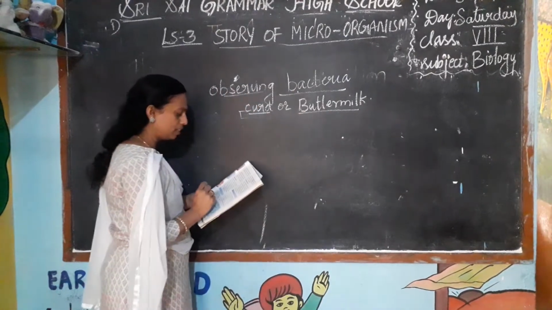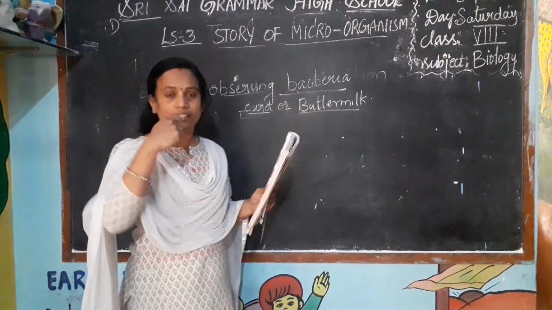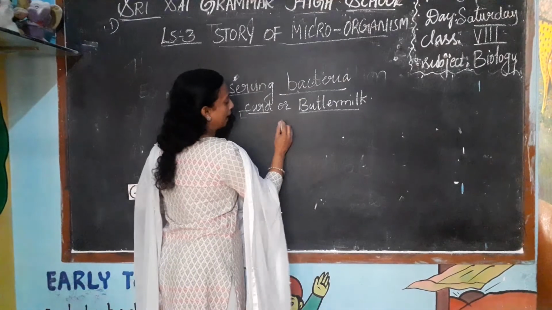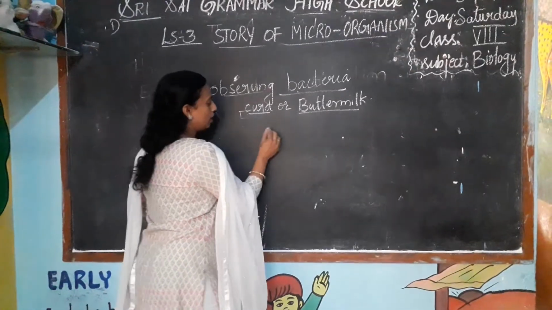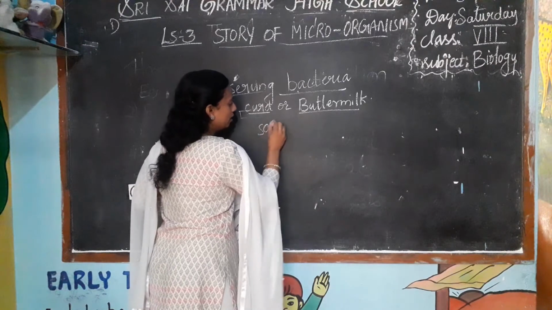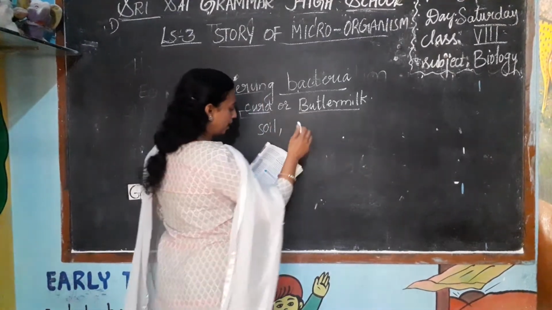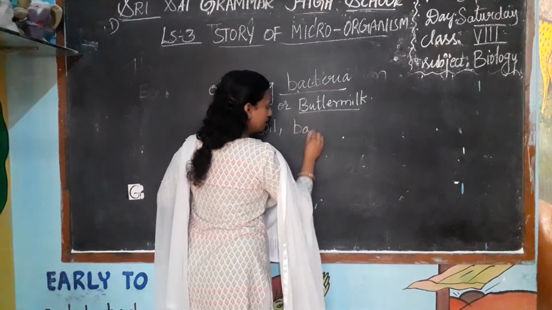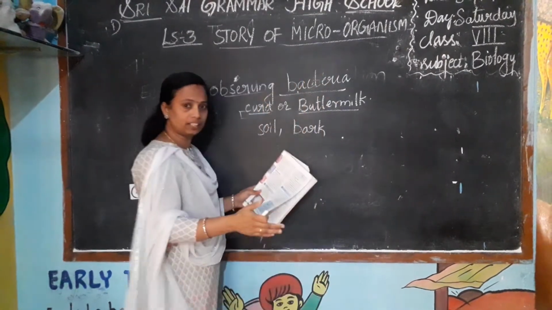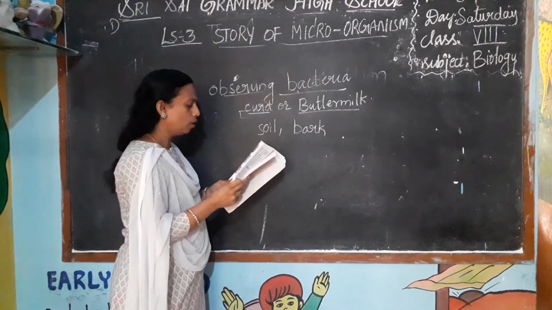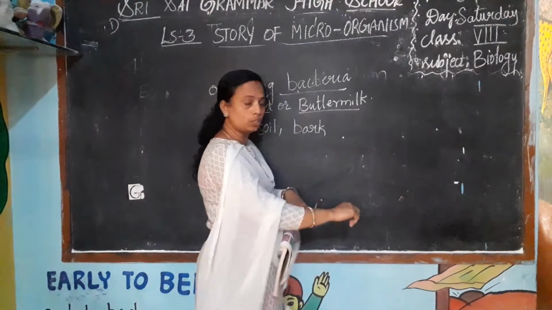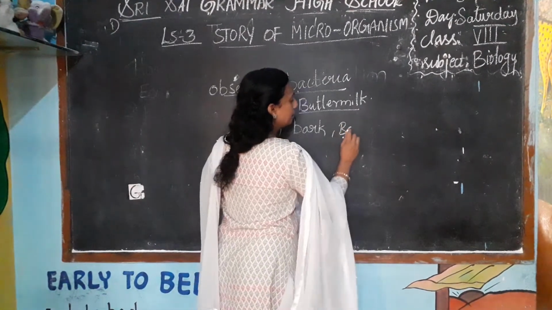Also when you scrape the tongue, you can see that bacteria on our tongue, and also in the soil we can see the bacteria, and over the bark, that is on the tree trunk, or on our skin also we can find the bacteria.